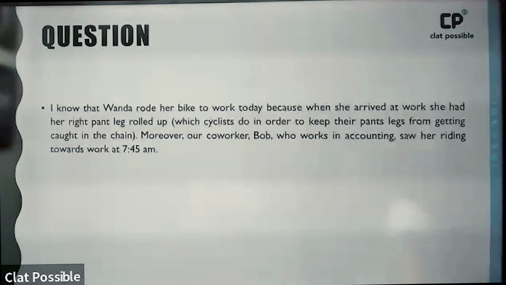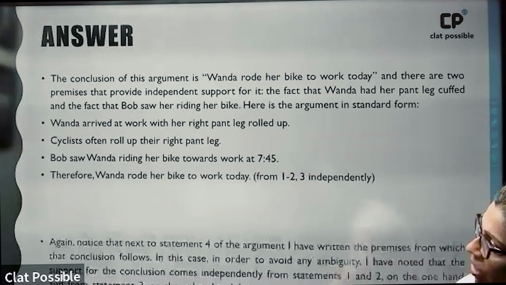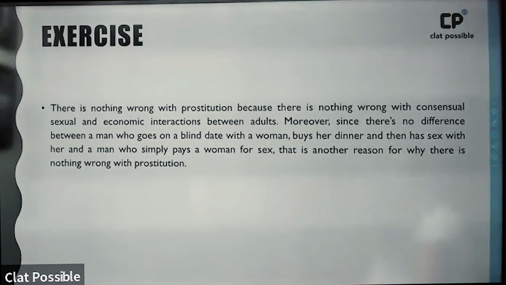So if we take one more question like this we have already done, let's try and summarize it. Nothing is left in the 1%. That 1% could just be a story, a narrative passage, just a story or just a description. Then it's not an argument.